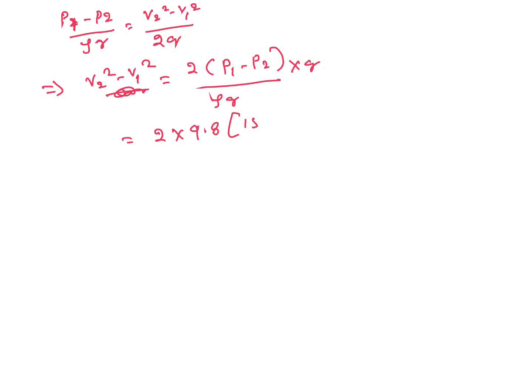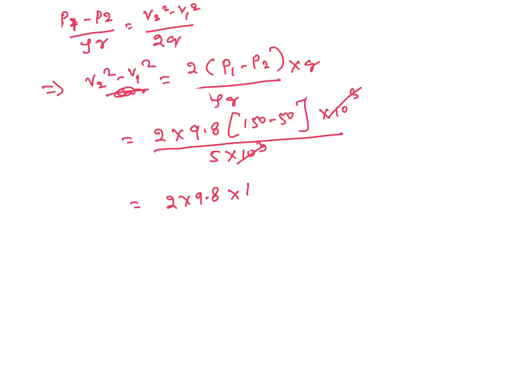This is in kilopascal, so multiply by 10 to the power 3. Rho g given 5 into 10 to the power 3, the 10 to the power 3 cancel. Then 2 into 9.8 into 100 by 5, it's 20. So 40 into 9.8 will come 3920. Put the point here, so 392.